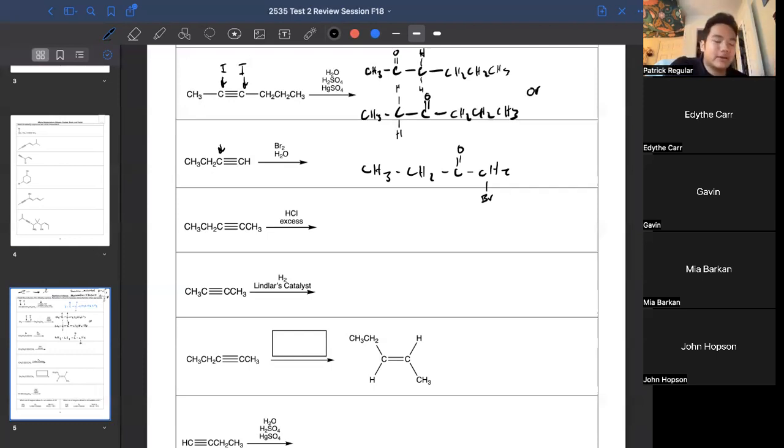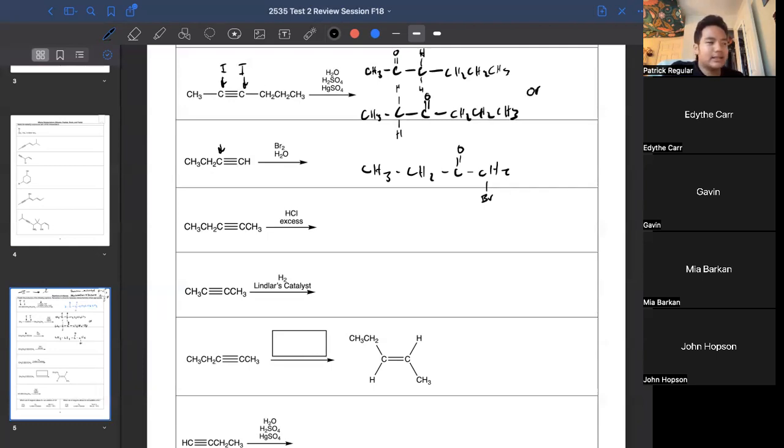It would prefer that ketone. So yeah, that carbon oxygen bond wants to be on a more substituted carbon. Anyone have any questions regarding this? There's not much you have to know about it. Once you see it, just know how to change your reaction and just what to add across the alkyne.